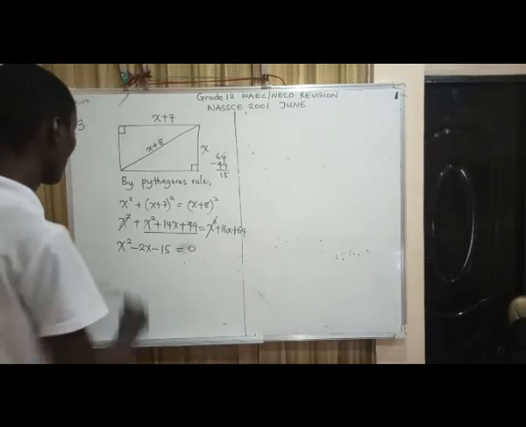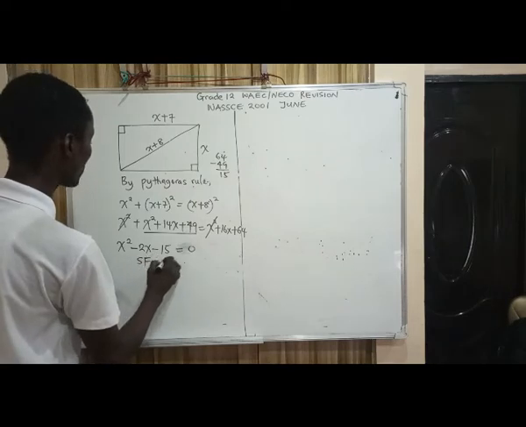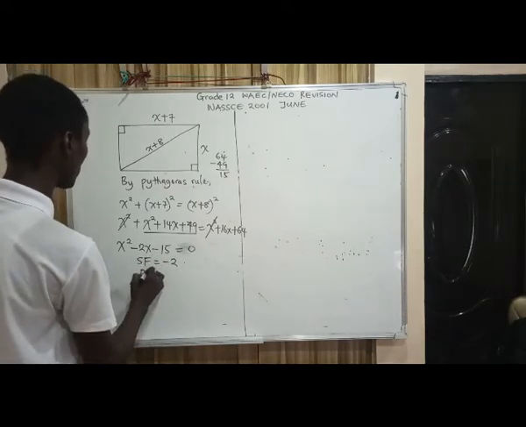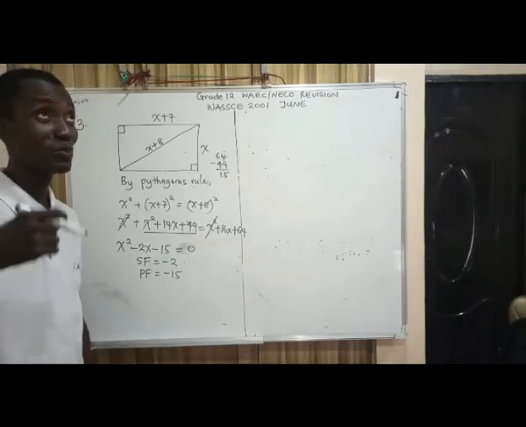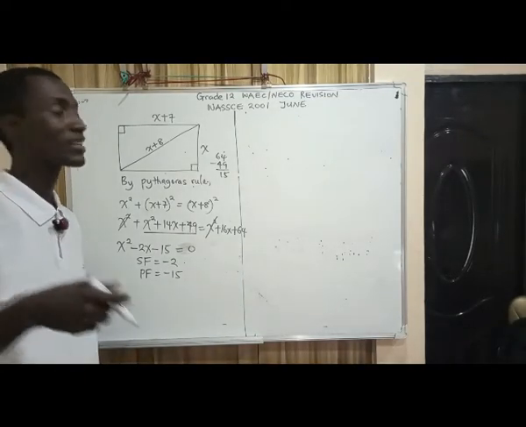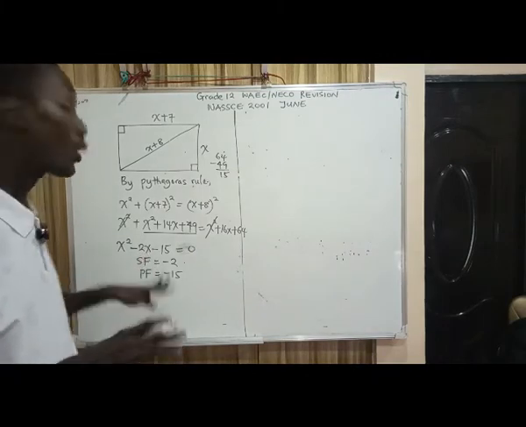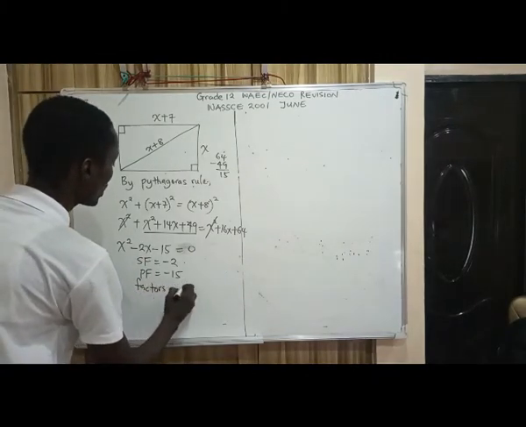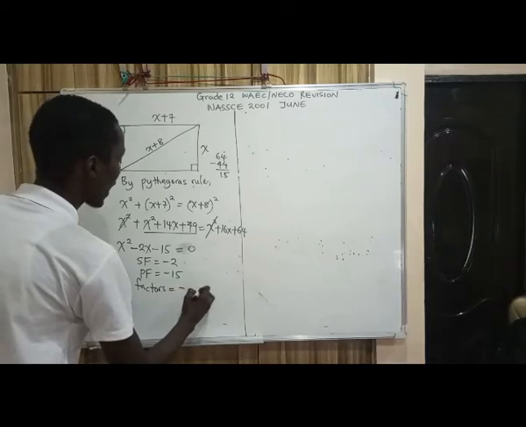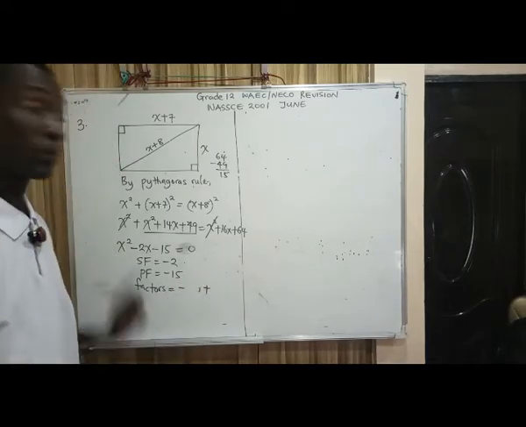Very simple. I have what I call my sum of factor, which is negative 2, and my product of factor, which is negative 15. If you go to my grade 9 playlist, you will be able to see how this technique works. The factors will surely be one negative and one positive.